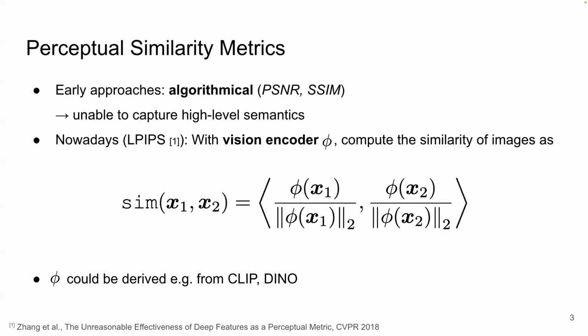In this case, we just take the cosine similarity, which means the inner product of the normalized features. And this vision encoder could be derived from, for example, a CLIP model or a DINO model, which are pre-trained, and you can use it in a zero-shot fashion. You don't have to train it for this task explicitly.